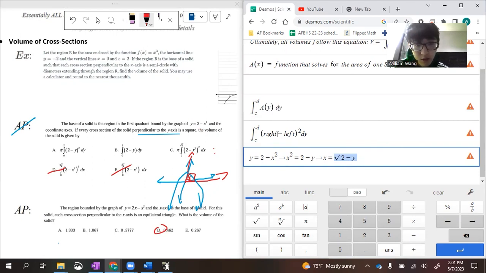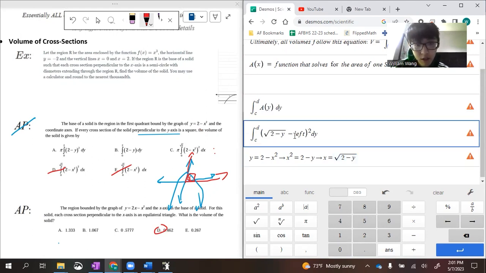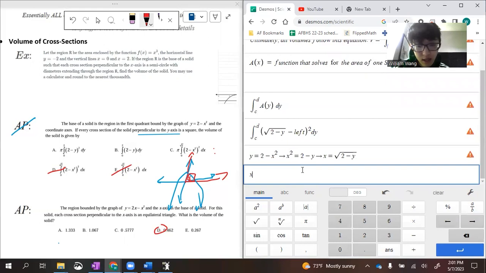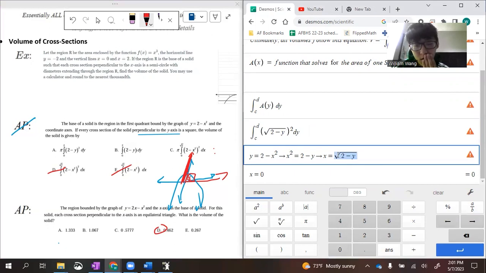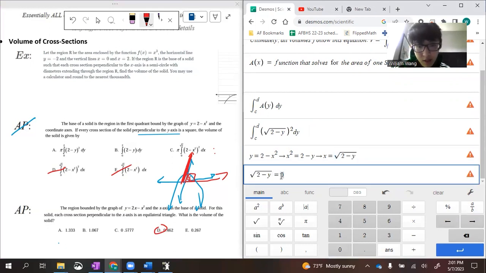So that's my right function, the square root of 2 minus y. My left function is actually x equals 0 because it's this line right here. So this should be my equation. And I'm going from which two values? Well, you would take this equation and set it equal to 0 and solve for it.